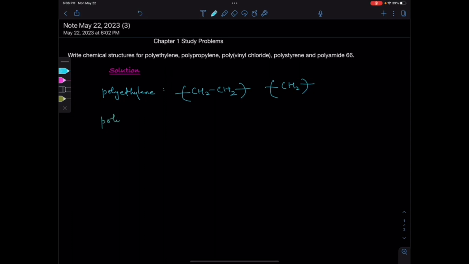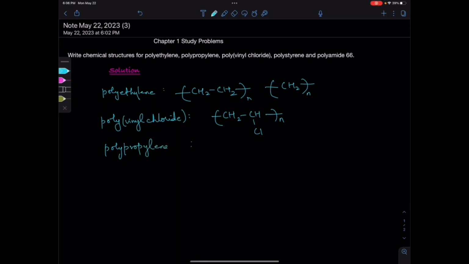Polyvinyl chloride is the same as polyethylene, but it has a chlorine substituent. Polypropylene has three carbons.